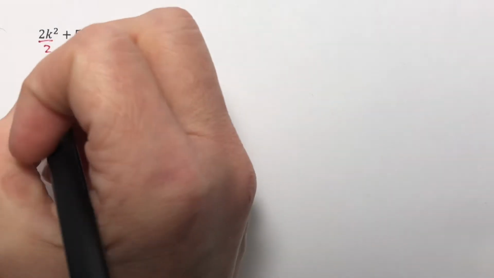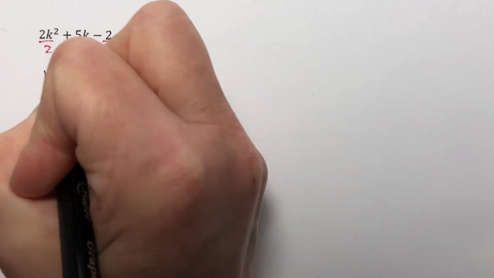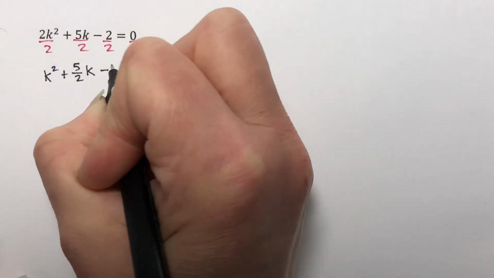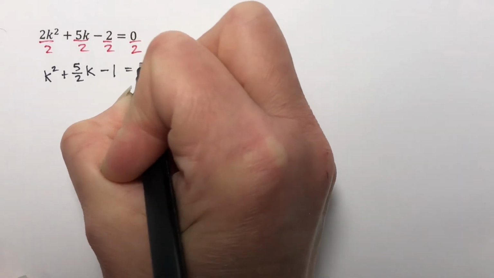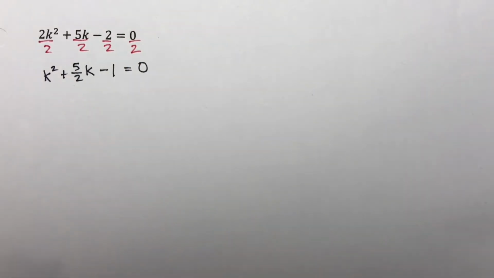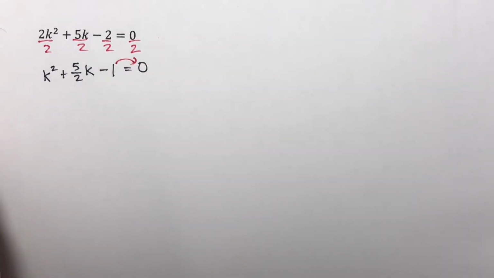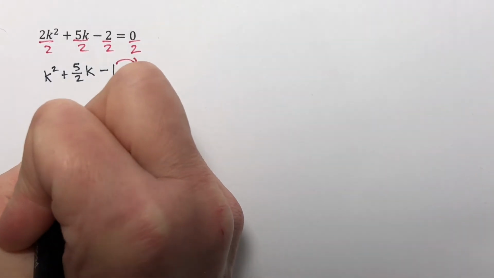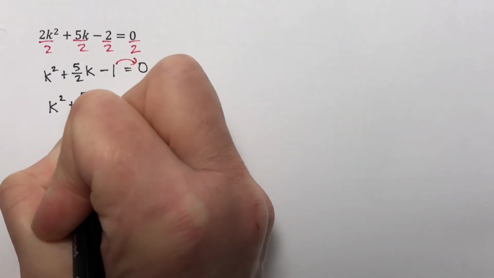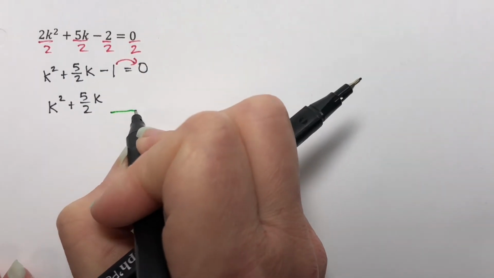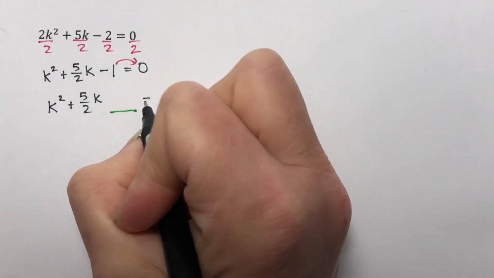This gives us k squared plus 5 halves k minus 1 is equal to 0. Now we want to get the constant on the other side, so I'm going to add 1 to both sides. I have k squared plus 5 halves k. Leave myself space here. This equals 1.